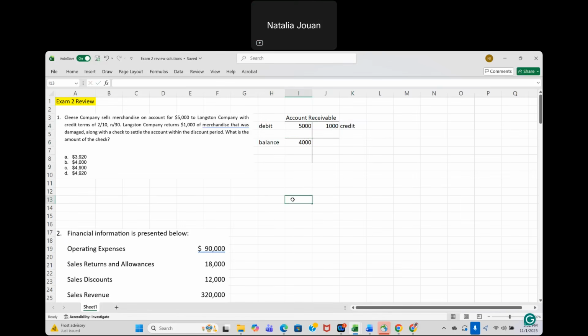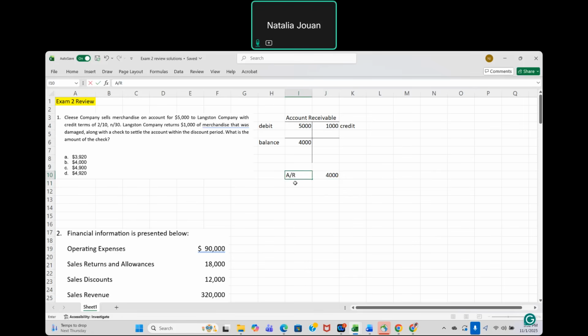All right, so if the balance is 4,000 and the customer is paying within the discount period, they're not going to pay the entire amount. They're going to pay a little less. So the cash that the company will get is 98% of the 4,000 because we have to subtract the discount. Okay, so it's the 4,000 minus the discount. So this is the accounts receivable.